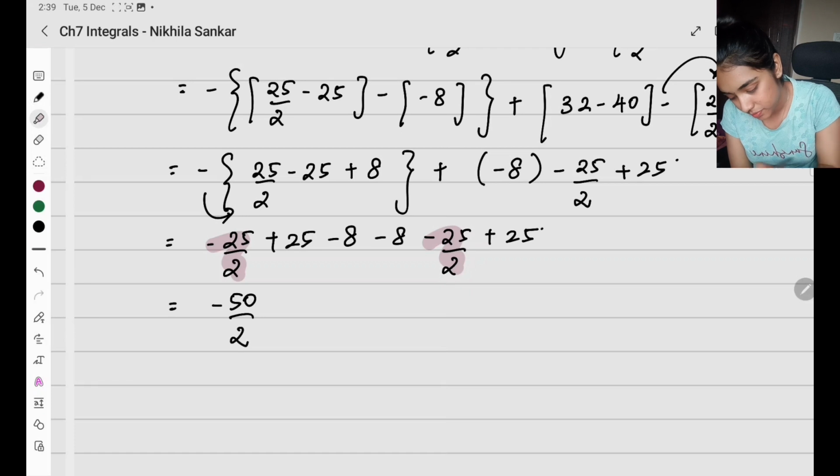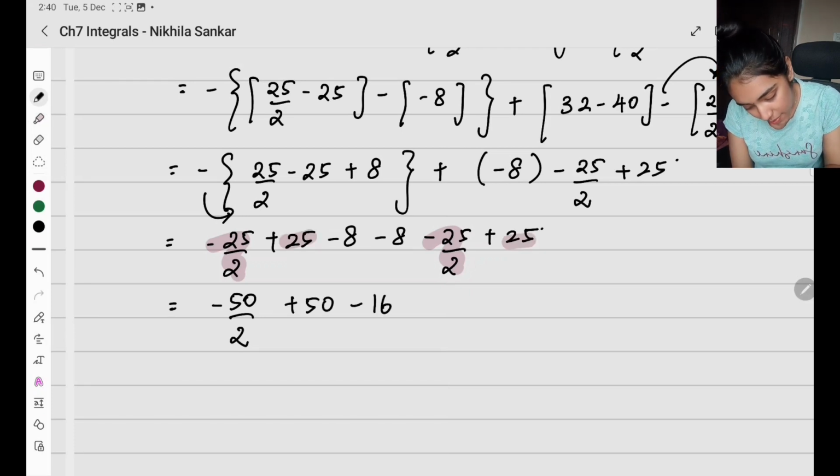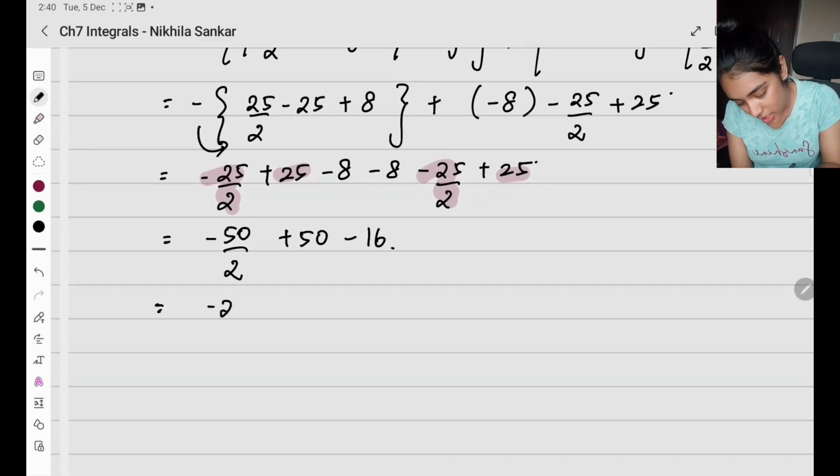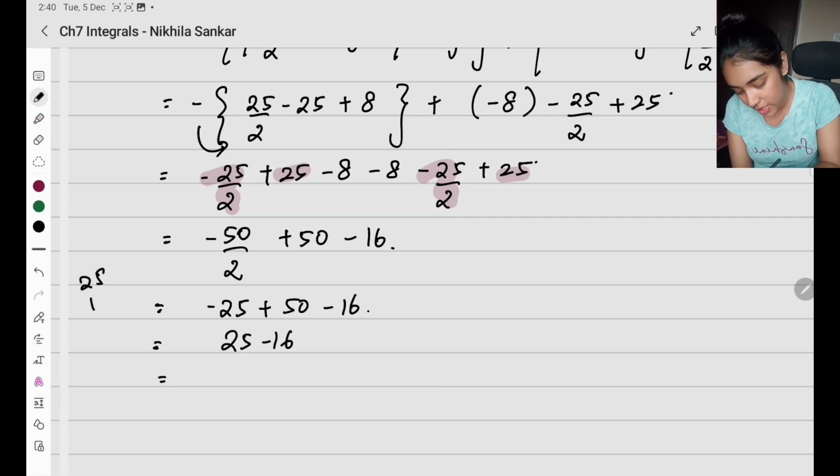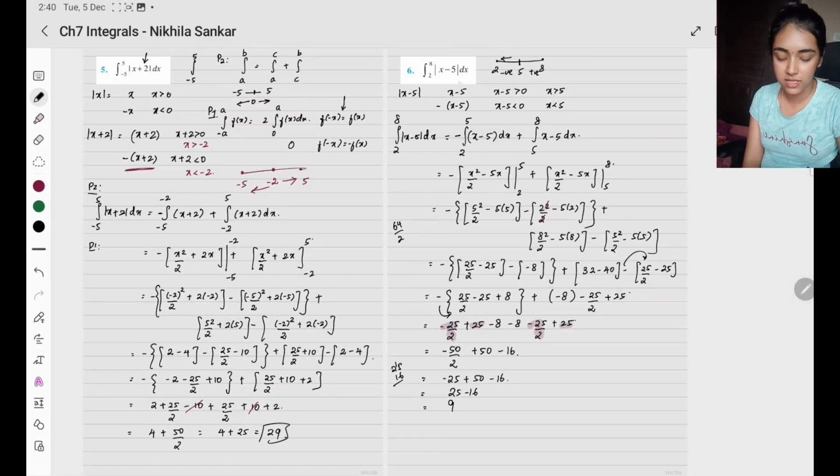Then I have plus 25 plus 25, which is going to be plus 50, minus 16. Okay, so this is going to be minus 25 plus 50 minus 16. So this is nothing but 25 minus 16, which is 9. Okay, so my answer is going to be 9.